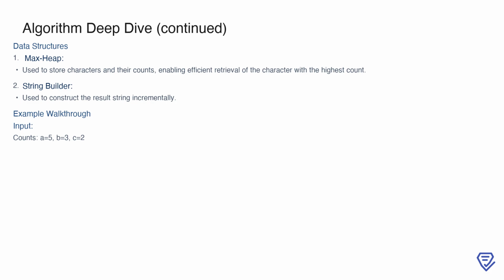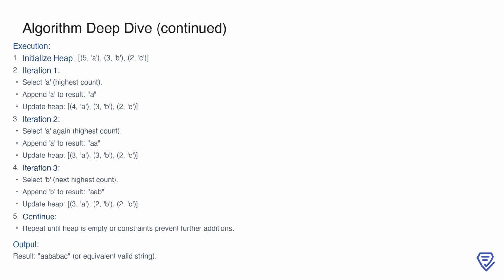Let's consider an example to see how this works in practice. Suppose the input counts are a equals 5, b equals 3, c equals 2. Using the max heap, we can systematically build the longest valid string while adhering to the constraints. We start by initializing the max heap with the input counts (5, a), (3, b), (2, c).